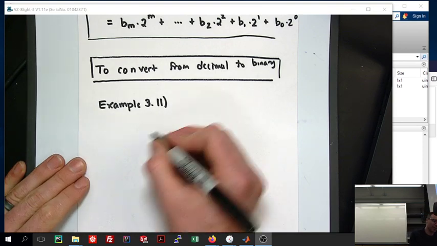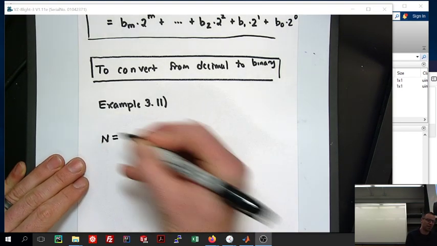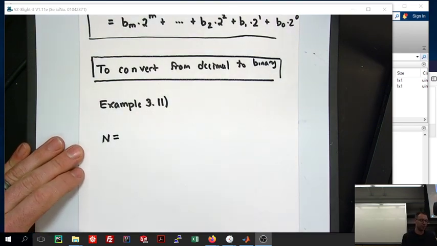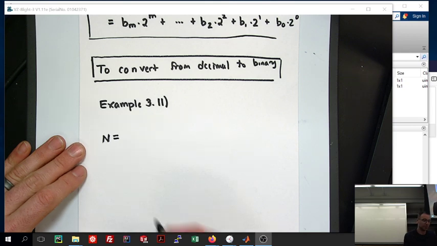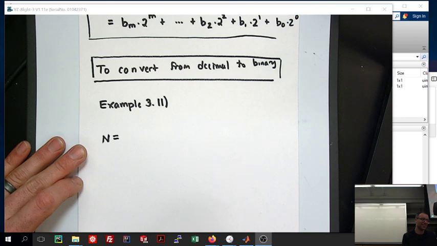All right, so let's take a look at an example. Let n be equal to, give me your favorite 2-digit decimal number that's odd. Gotta be an unsigned natural integer. Okay. 17?